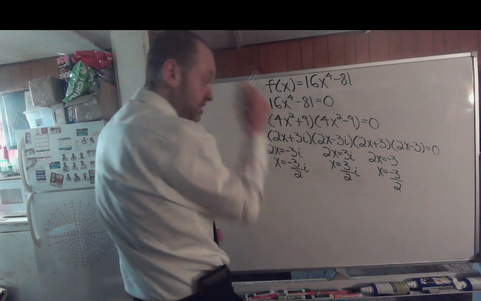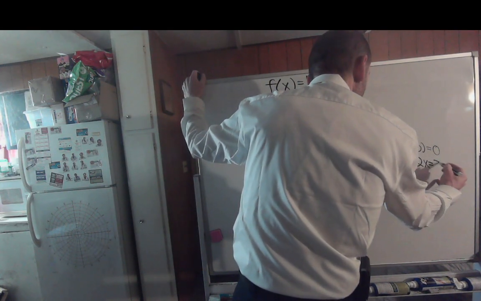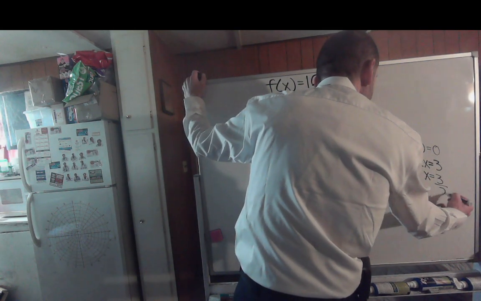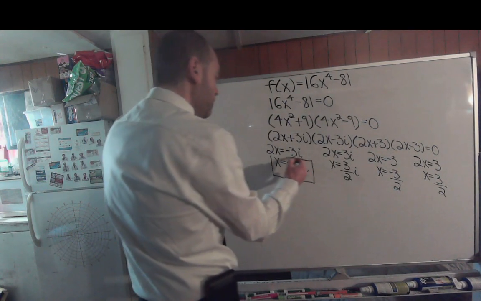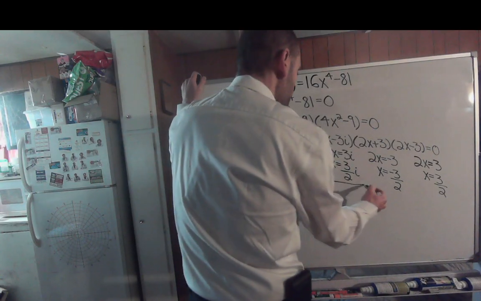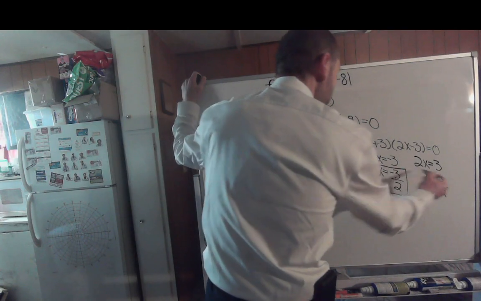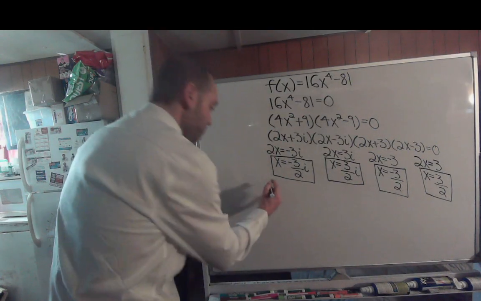And then 2x minus 3 equals 0, so you would get 2x equals 3, so x would equal 3 halves. So these are your 4 complex solutions to this polynomial. So you have 2 reals and 2 imaginaries. So this further proves the point of the fundamental theorem of algebra.